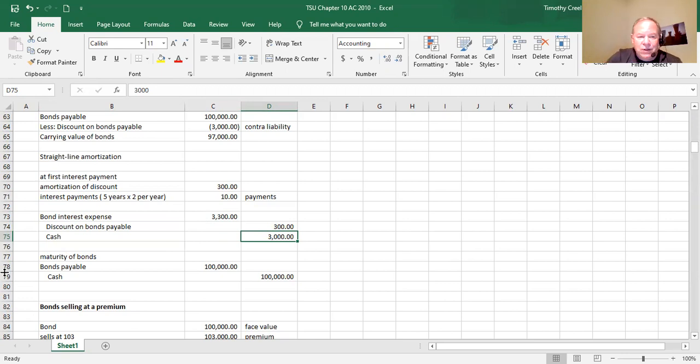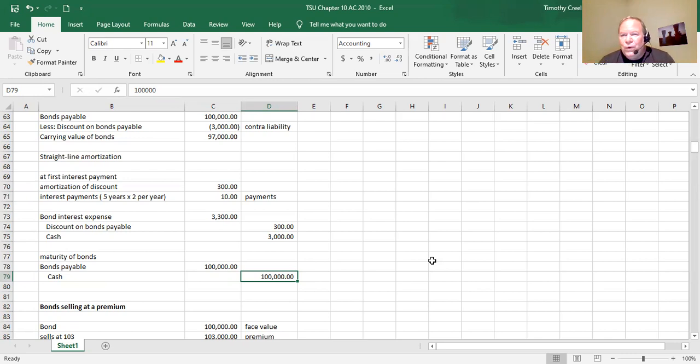At the maturity of the bonds, regardless of whether we issued the bonds at par, at a discount, or at a premium, the entry is going to be the same. We're going to debit bonds payable for the face value of the bonds, and we're going to credit cash for the face value of the bonds. We're clearing off the liability by debiting the liability, and we're reducing our cash because we have to pay back the face value to the bondholders.